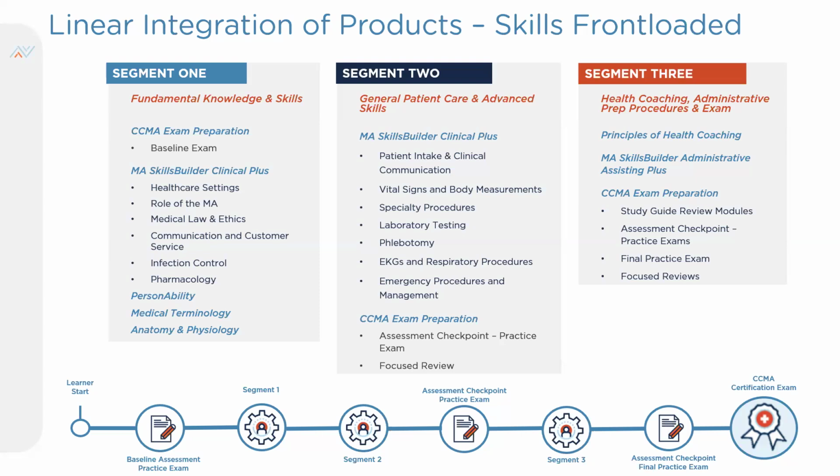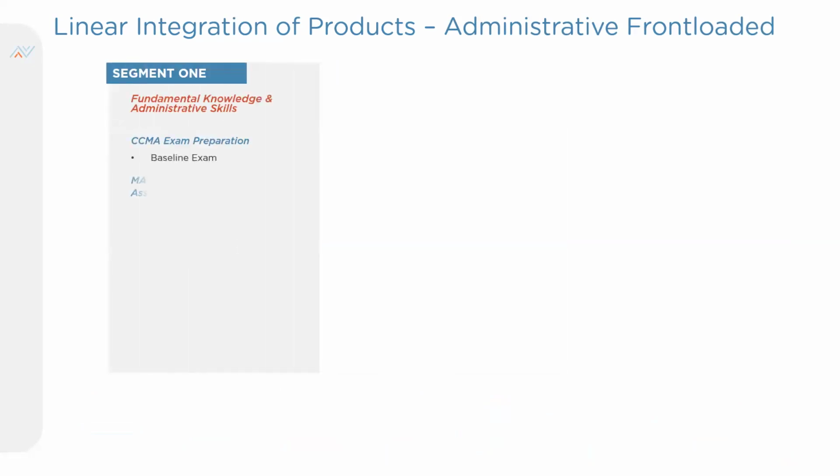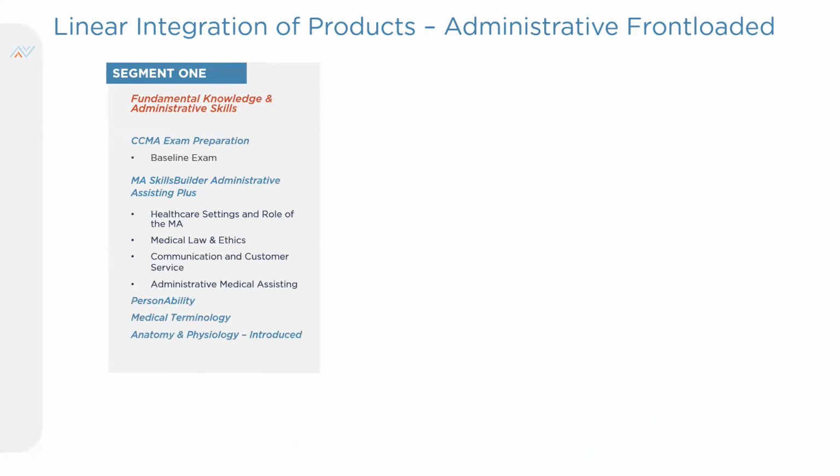All righty. So next, we'll look at another linear approach with the administrative skills front-loaded. So this is very similar to the previous pacing, but in this instance, we're starting with administrative. And you can see here, if you wanted to, you could also put them through the CMAA prep.